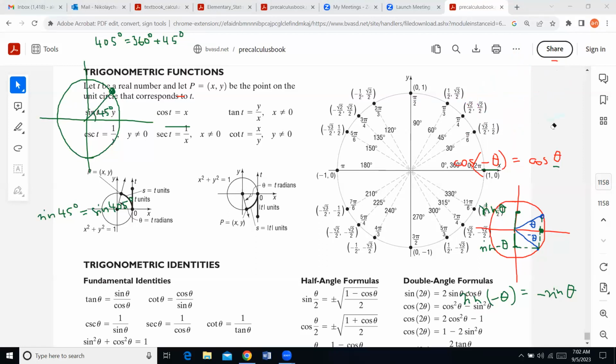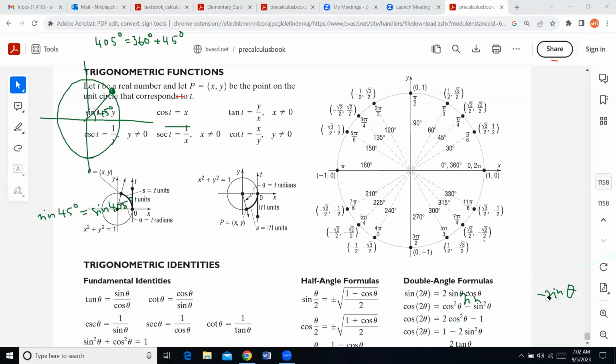Exact means they're not decimals, they're in terms of square roots, square root 3, square root 2. My question was about 45 degrees, and for that angle sine and cosine are equal, both square root 2 over 2.